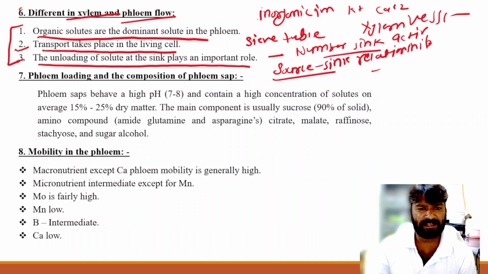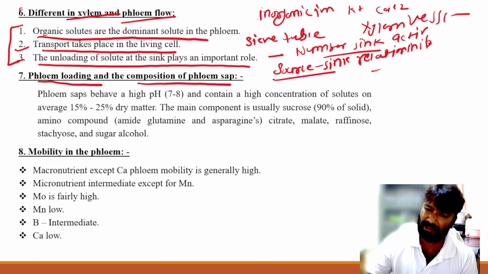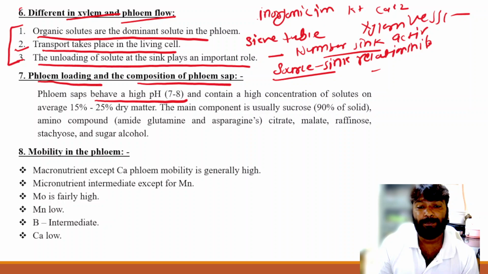Okay, next point is the phloem loading and its composition. Okay, now we have done xylem sap, now we come to phloem sap. So phloem sap has a high pH, near 7 to 8.